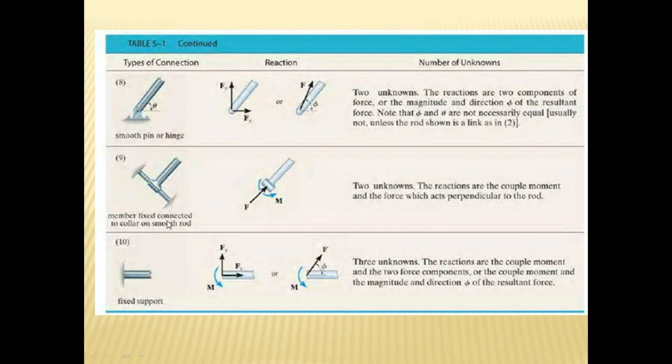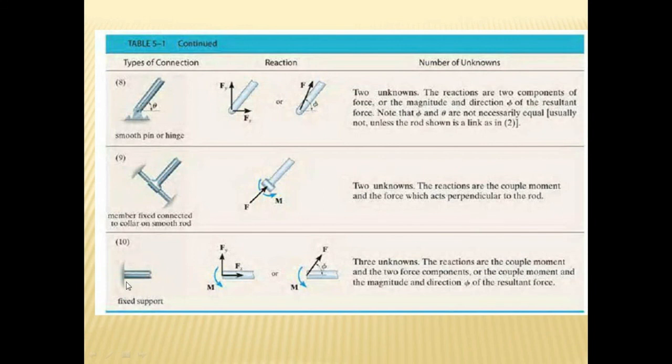Member fixed connected to collar on smooth rod. Here it is. If this support comes, then you will have one force reaction and there is a couple moment. Okay, it can rotate. Two unknowns: the reactions are the couple moment and the force which acts perpendicular to the rod.